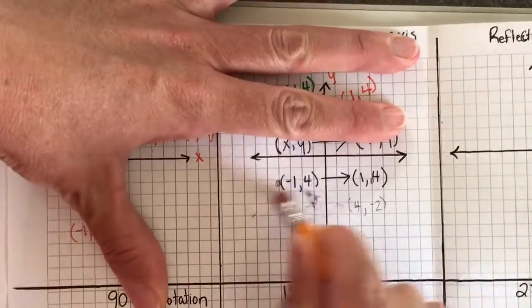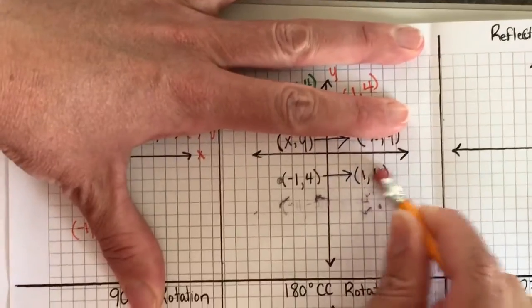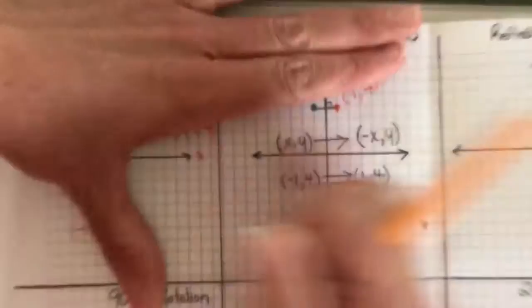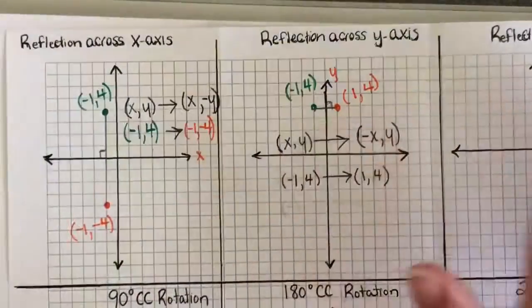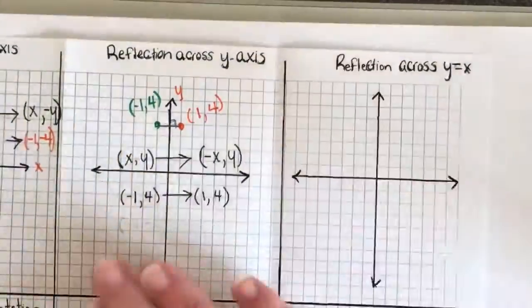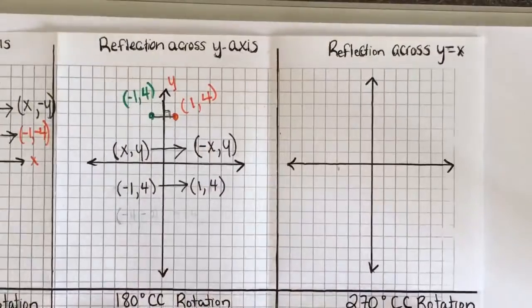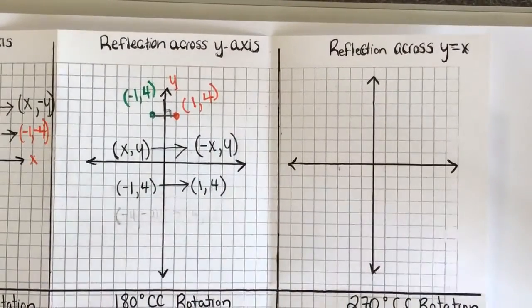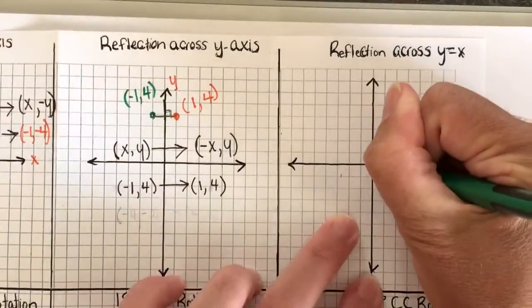All right, now our last main reflection, and the last reflection is the reflection over the y = x line. So for this one, I want to start off by graphing the y = x line. So y = x, I have a y-intercept of 0 and I have a slope of 1.